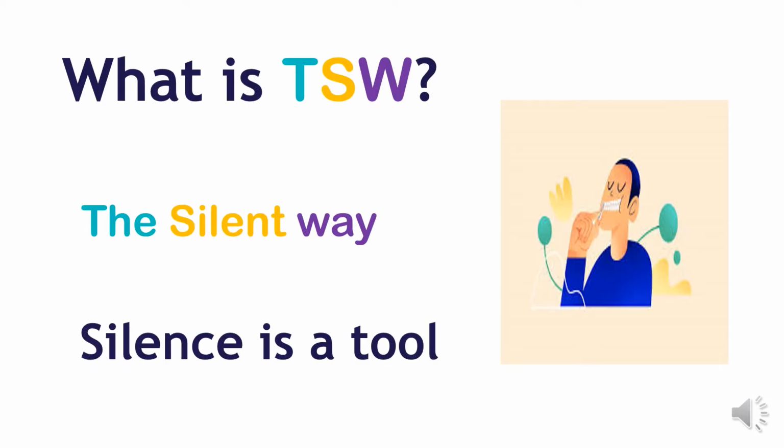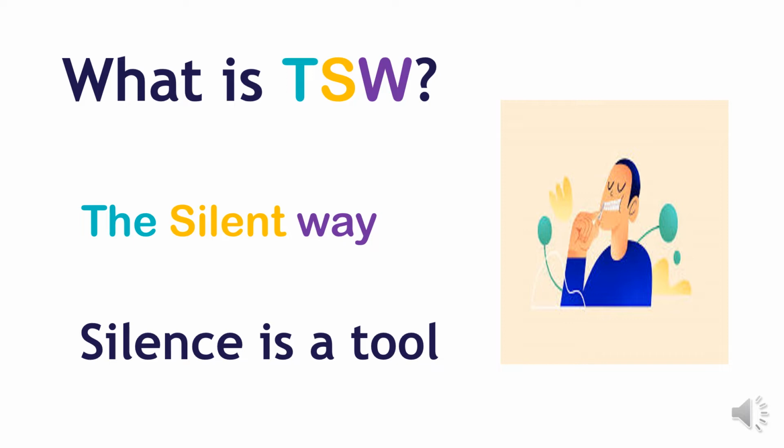So first of all, where do we get the name of the Silent Way? If you are interested in the historical background of this way, you have to read Techniques and Principles in Language Teaching by Diane Larsen-Freeman and Marti Anderson. It has quite a good historical background, but let us see where we get this name.